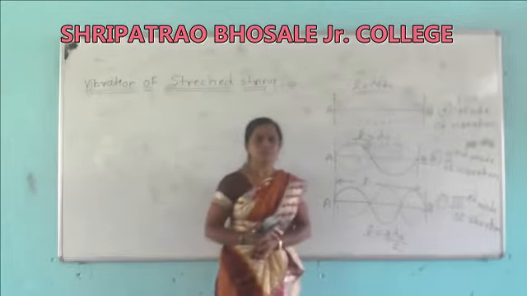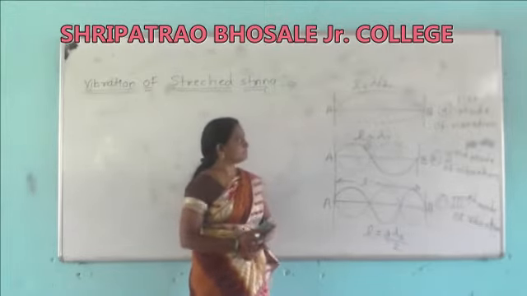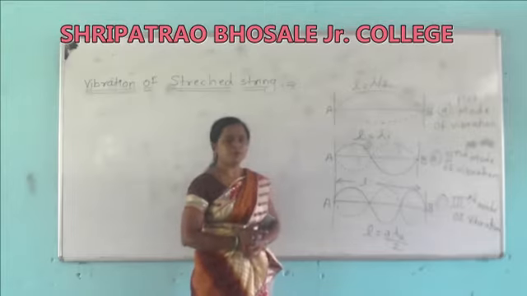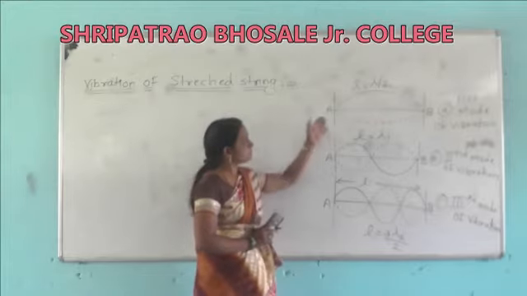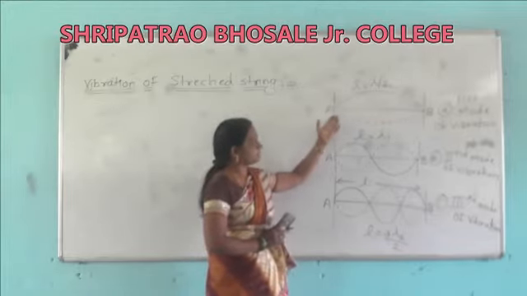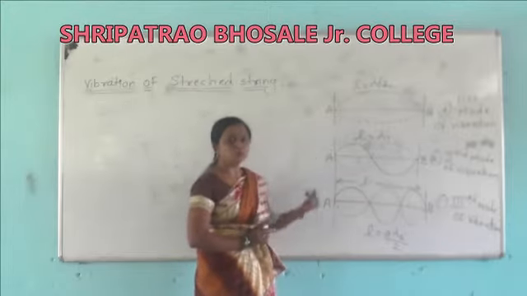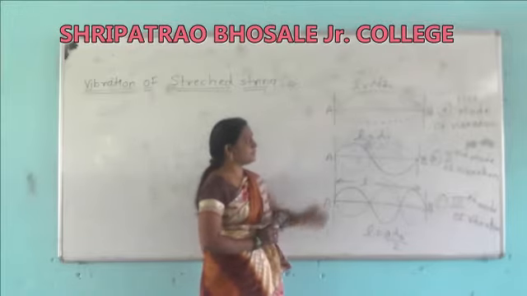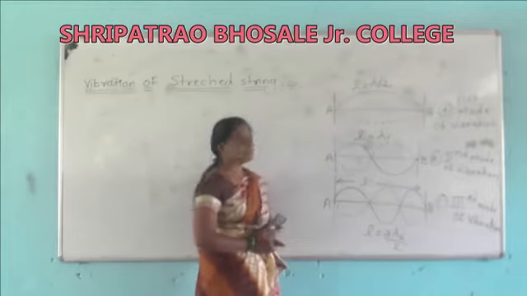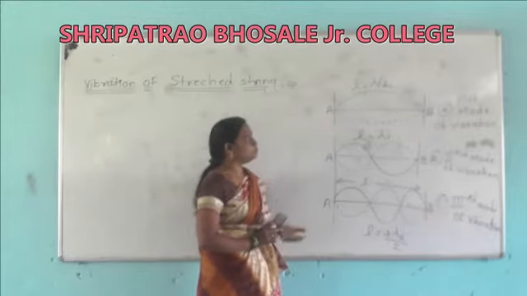Then when this string is plucked at the middle point, or by using a tuning fork, transverse waves are created at the fixed end. When these transverse waves are reflected from their ends, the incident wave and the reflected wave superpose.